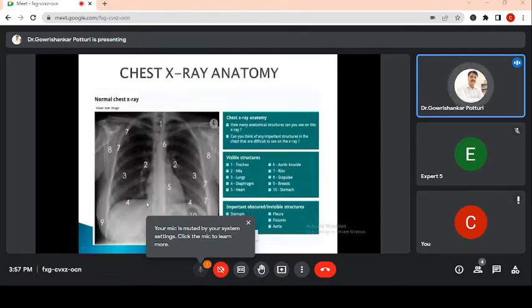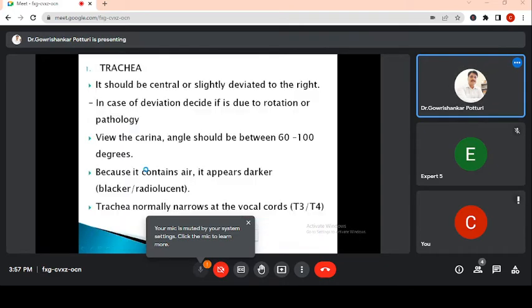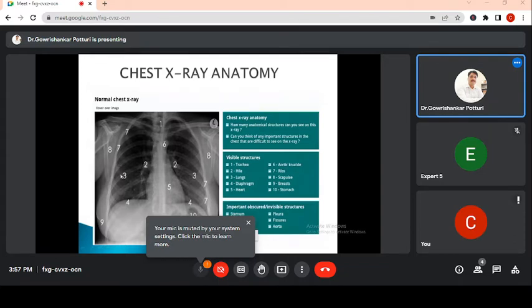Number 4, diaphragm. Number 5, heart shadow or cardiac shadow. Number 6, aortic knuckle. Number 7, ribs. Number 8, scapulae.